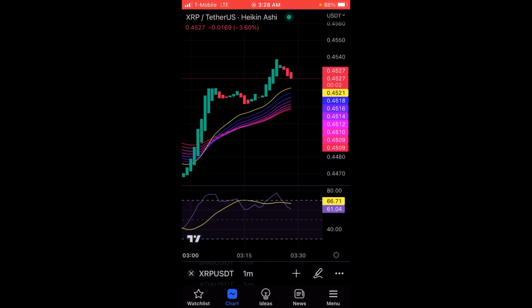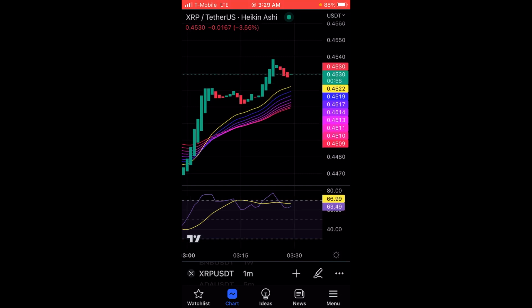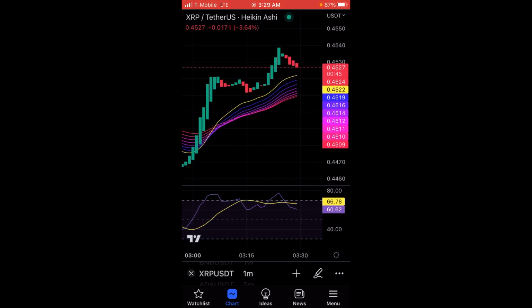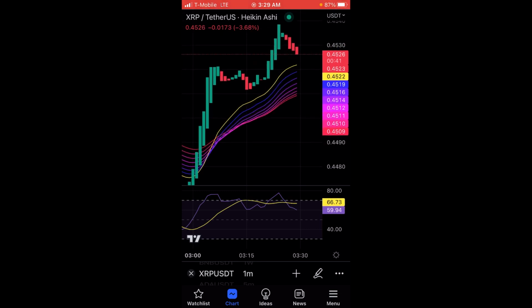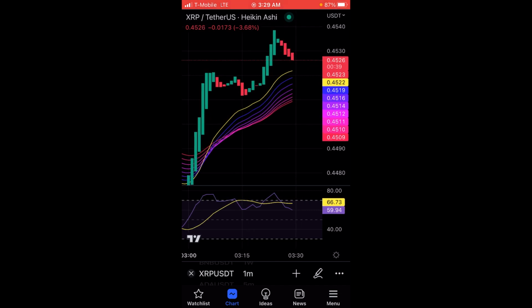So this is kind of tricky, because if you want to do more of a long-term play, which is something I wouldn't do, I do the 1 minute and I get in and get out. So I'm basing it off of the 1 minute. What we can see right here, if we look at the rainbow strategy, is the overall trend is going up. Pay no attention to it going down right now.